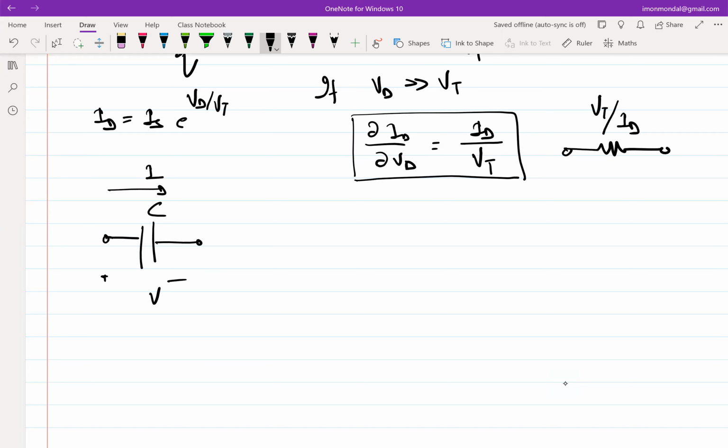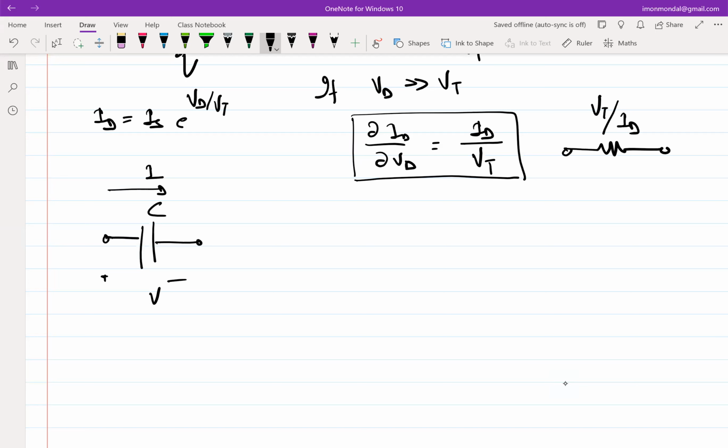So go back to the original line of thinking: what did we do when we have a nonlinear element? We tried to find out the IV characteristics, we perturbed it, and we basically dropped the higher order terms, right? So that was the way of going ahead with it. So let's do the same thing here.